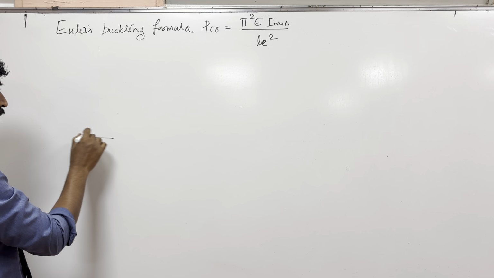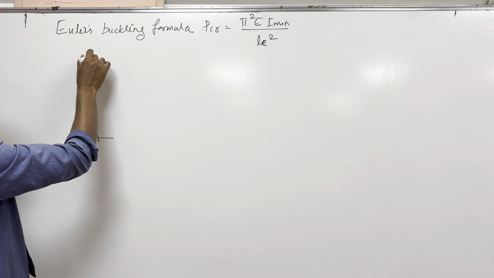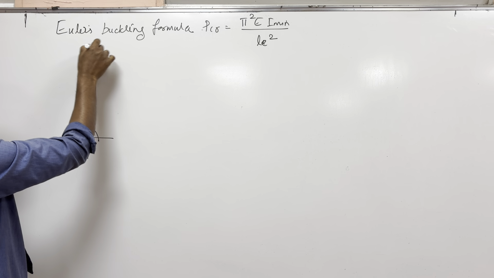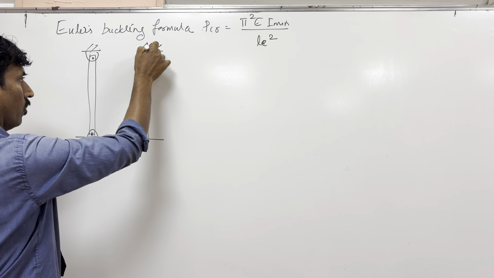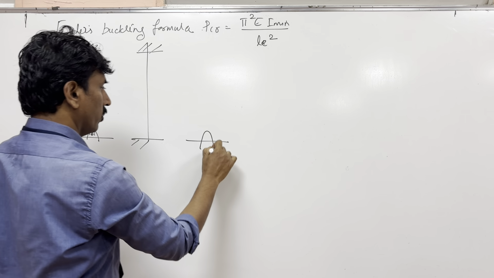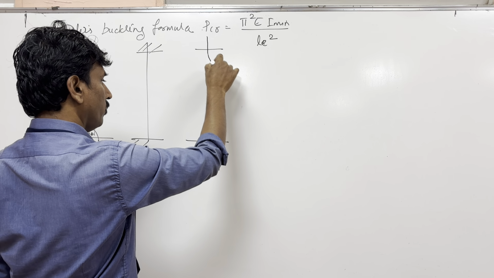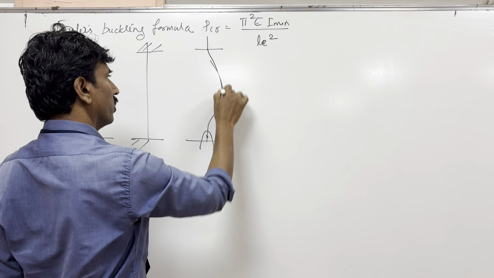The crippling load for a column depends upon the end conditions. So it could be hinged like this, it could be fixed like this, it could be hinged and fixed like this. Sorry, here it almost goes like this.